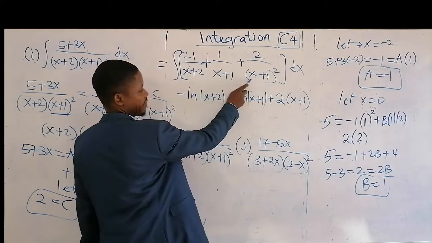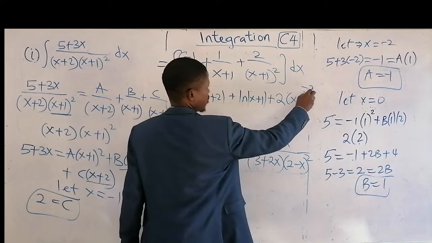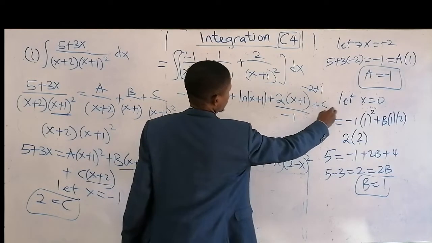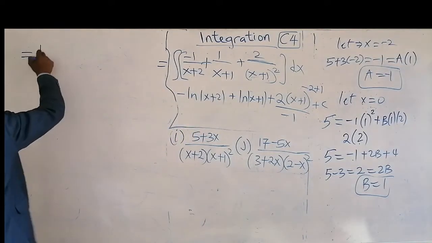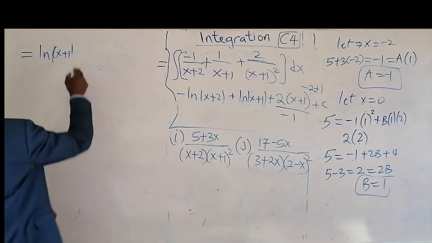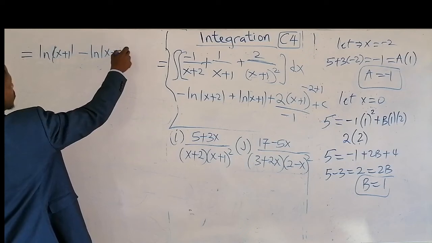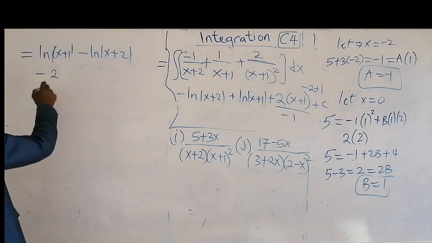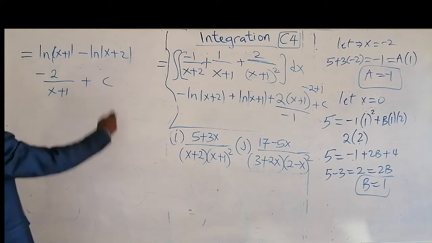You know, this is a fraction. So that will be minus 2 over (x plus 1), plus c. So the final answer will be, I can write the positive first, ln(x plus 1), followed by negative ln(x plus 2), then minus 2 over (x plus 1) plus c.